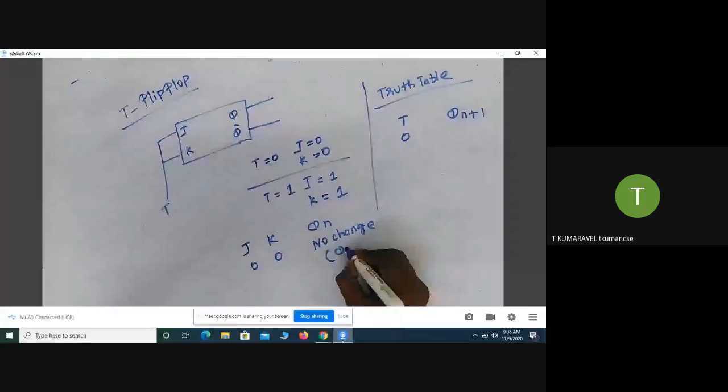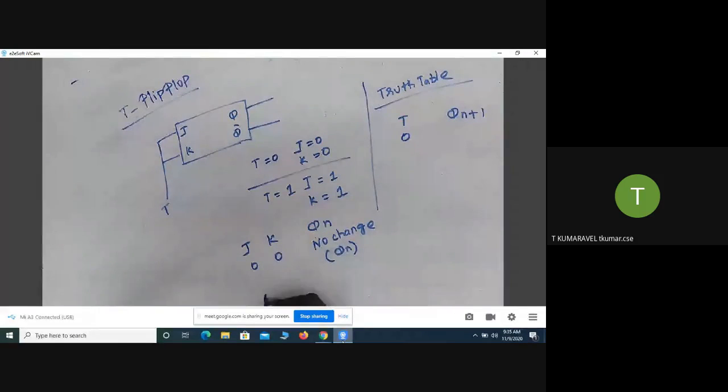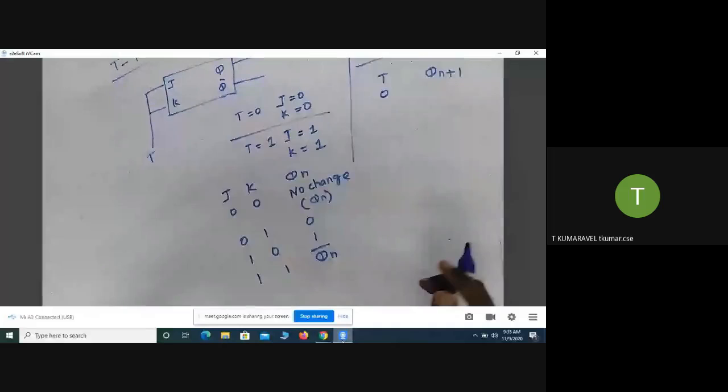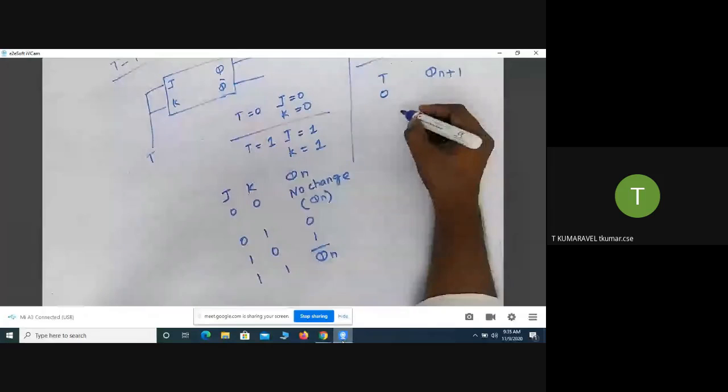What is the next one? 0 1 means the output value is reset. 1 0 means set. 1 1 means it's a complement. We have just seen this in the JK flip-flop, so based on that, you should fill up the truth table.